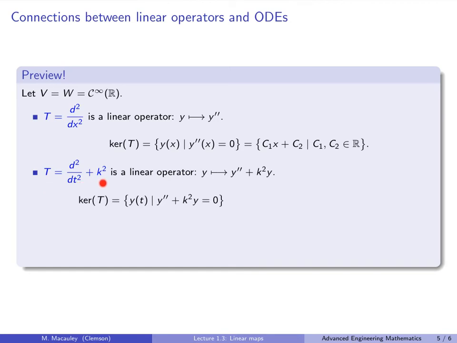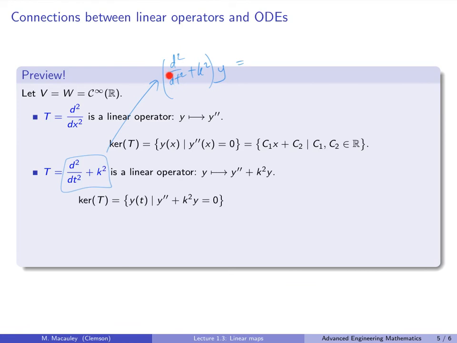Here's another differential operator. So this one, big T, is d squared over dt squared plus k squared. So let me pause a moment. What does it mean when I say this is a differential operator? Well, if you take d squared over dt squared plus k squared and apply it to a function y, you can just think of it as multiplying by k squared and appending it.